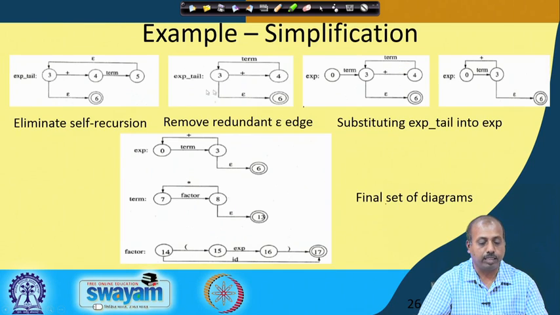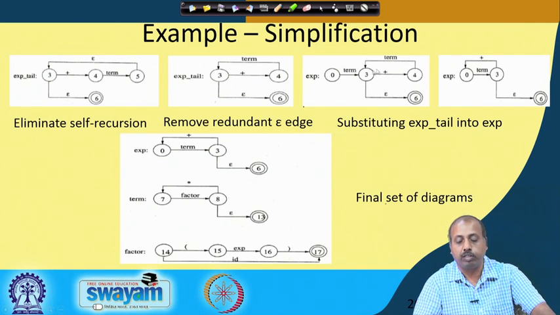That is done here, from 5 on epsilon it comes back to state 3. That is calling the expression tail. This way we can simplify the diagram a bit. We can remove the redundant epsilon edges, like this one. We can altogether remove state 5, and from state 4 on getting term I can come to state 3. That is possible.